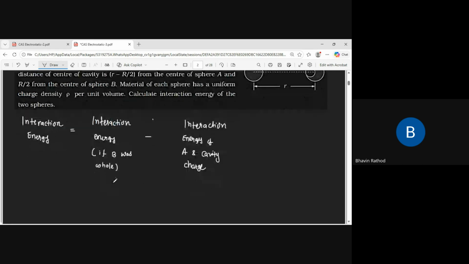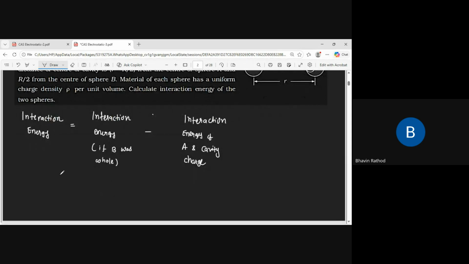So let us find these two terms individually. Let us say this is U1 and this is U2.